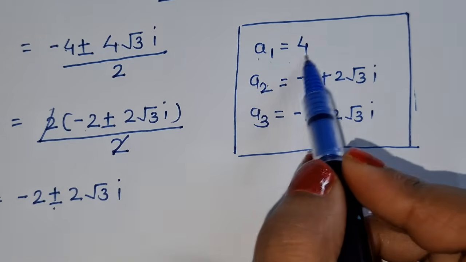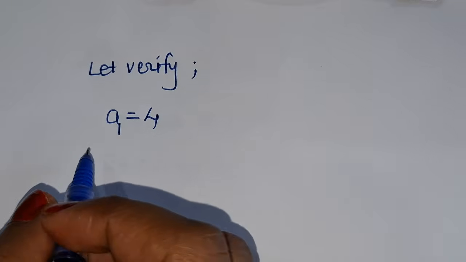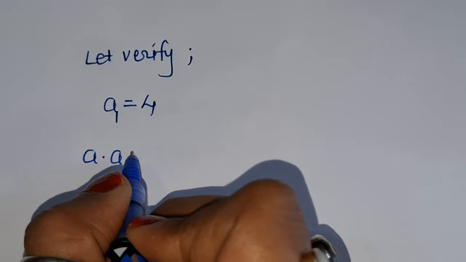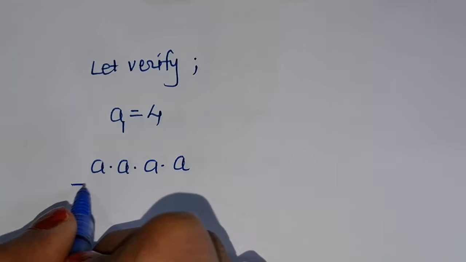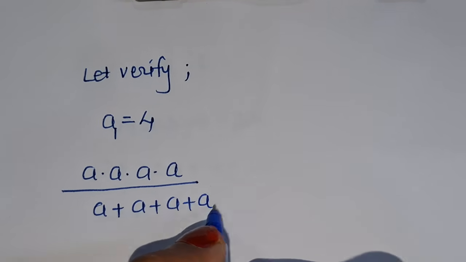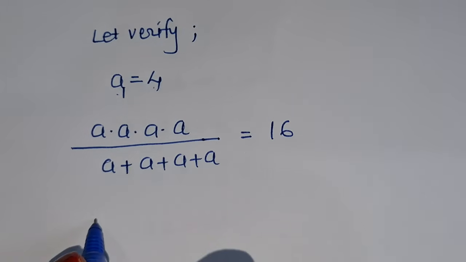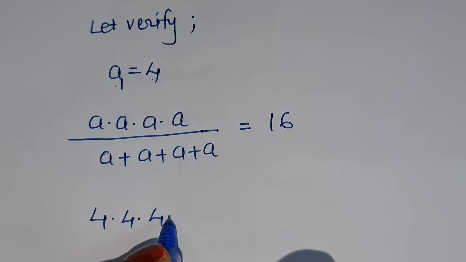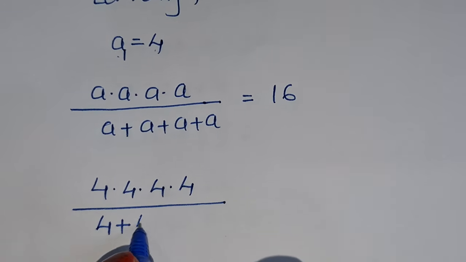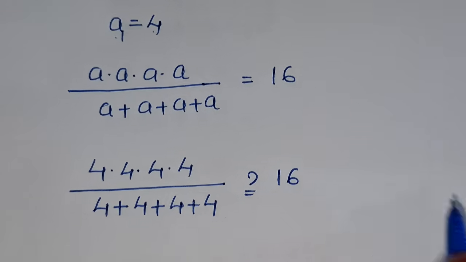Now we have to verify a1 is equal to 4. So let's verify for a1. The question is a times a times a times a divided by a plus a plus a plus a is equal to 16. Now we substitute the value: 4 times 4 times 4 times 4 divided by 4 plus 4 plus 4 plus 4, equal to 16?